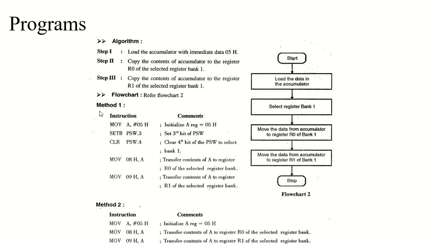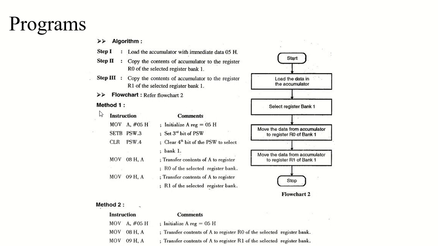Now let's see the second method, in which we have already selected register bank 1. So we will simply use MOV A, #05H, which will assign 05H into the accumulator.